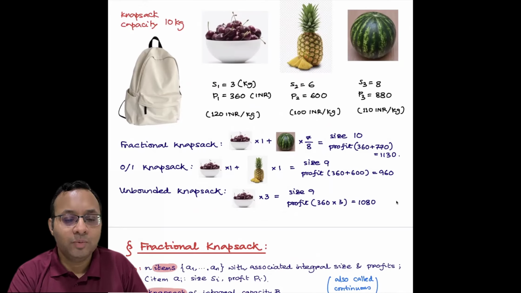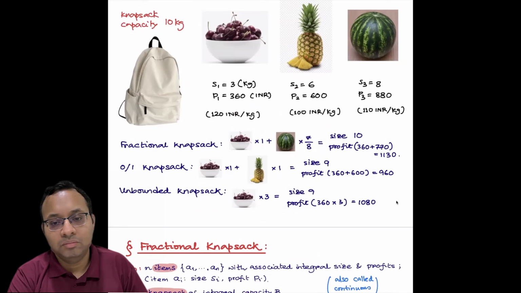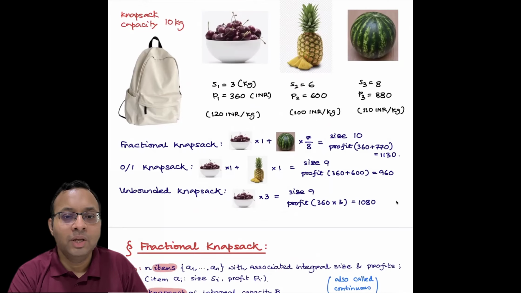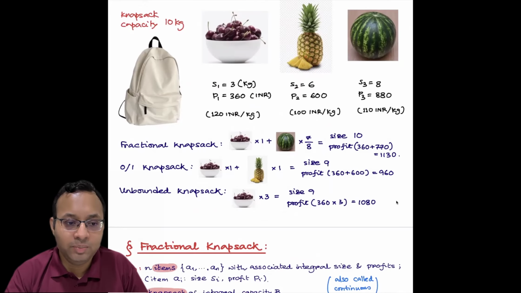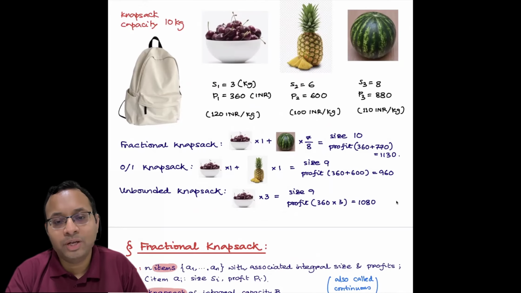Now, if you look at the three problems, in fractional knapsack the optimal solution is to take the most costly item as much as possible. So cherry, 1 unit, 3 kg. But there is only 1 unit of the item, so you cannot repeat the same item. Now you have to take from either pineapple or watermelon.